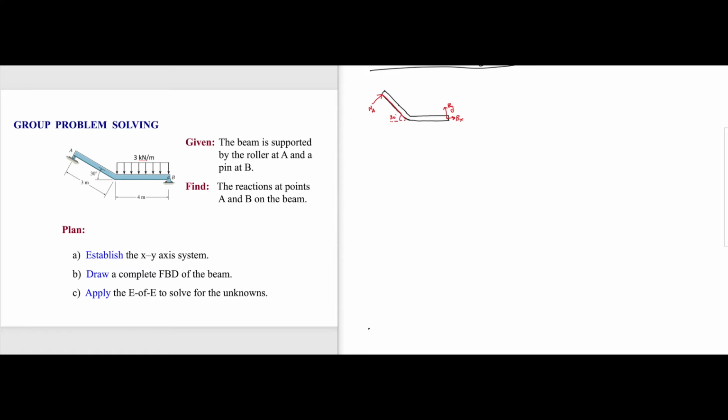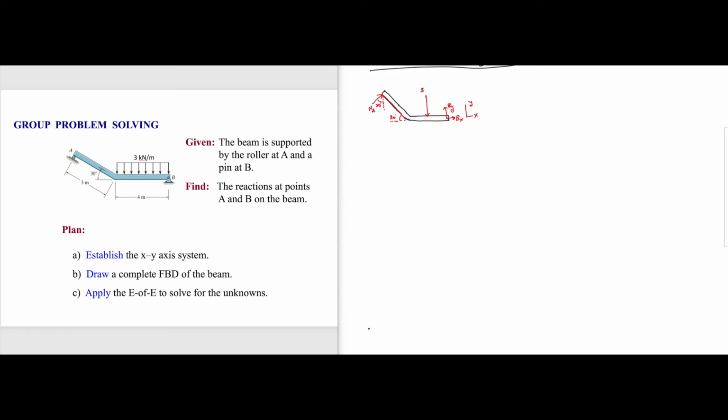So NA will make an angle 30 with Y. So I'm going to have the direction, this is X and that is Y. And I should also give you the forces. This is the force.